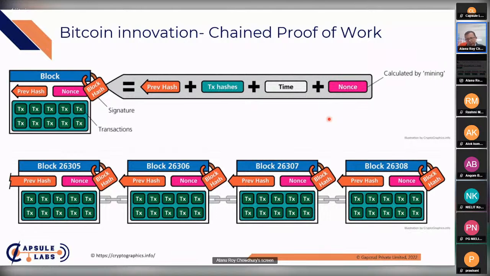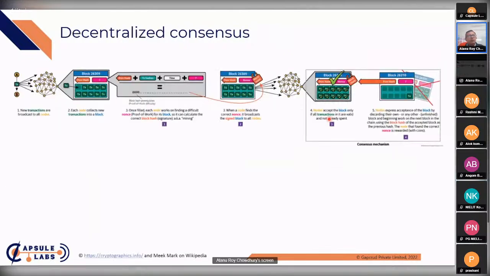Right. So what does this decentralized consensus look like today? Every time there's a new transaction, it gets broadcast to all nodes, right? While it gets broadcast, let us assume that some nodes will get it, some nodes may not get it, right? Let's keep that assumption in place. But once you have a set number of transactions that can be put into a block, they get collected, and every mining node would now try to compute this magic nonce value in order to complete this particular block, right?